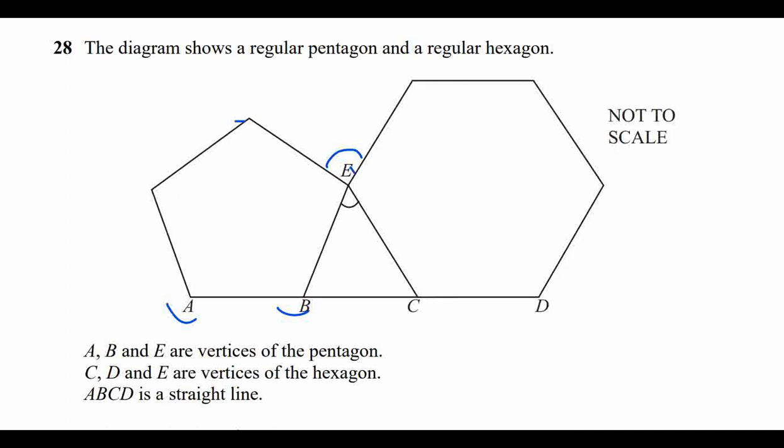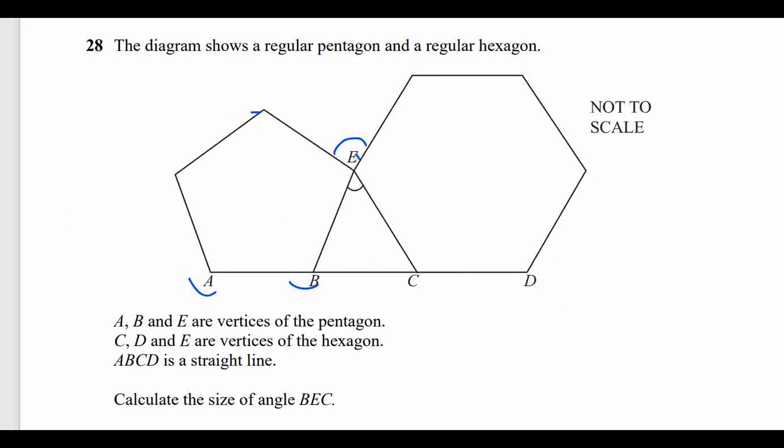C, D, E are vertices on the hexagon. So this is the hexagon. ABCD is a straight line. Now calculate the size of angle BEC.